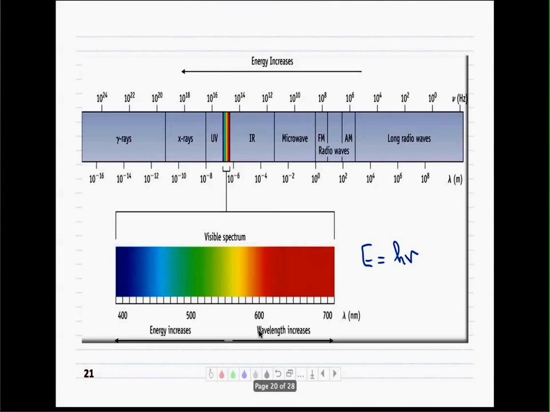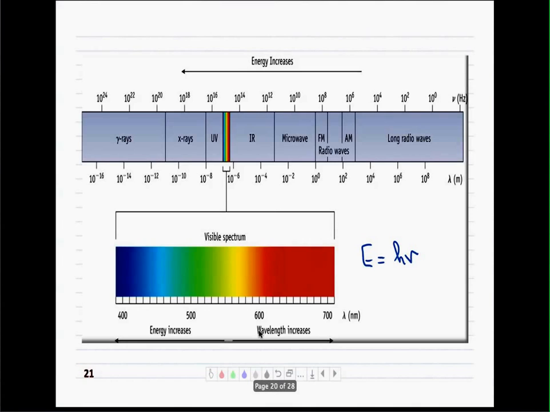You need to be able to construct this spectrum. You need to know this is gamma radiation, then X-ray, then after X-rays comes the UV, then the visible. The red part of the visible is going to be on this side, the blue or violet on this side.